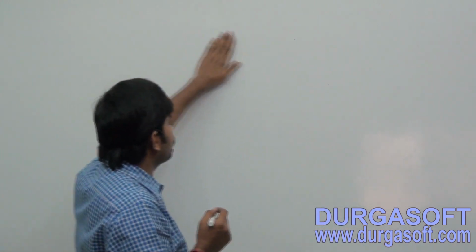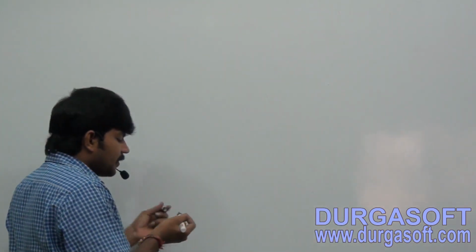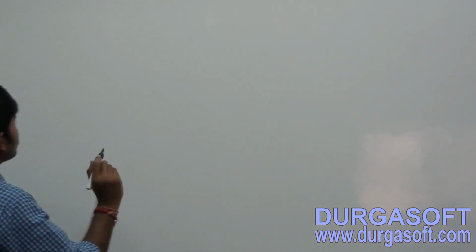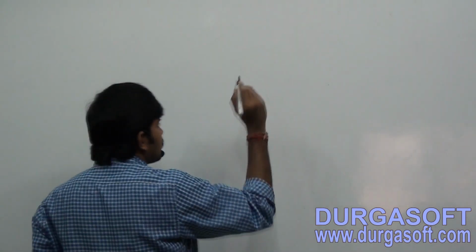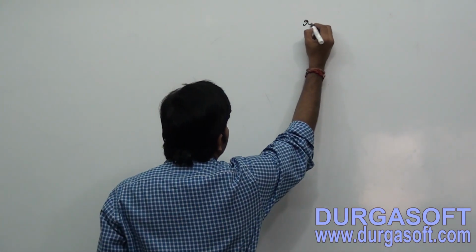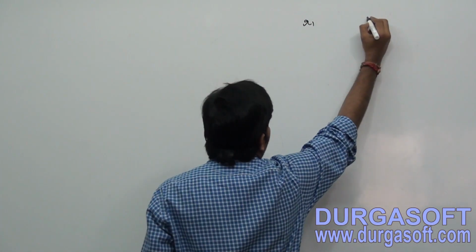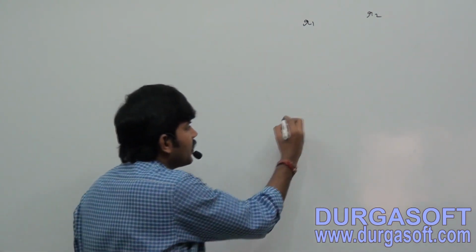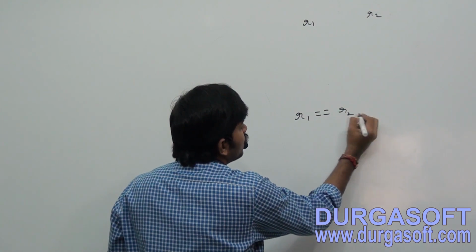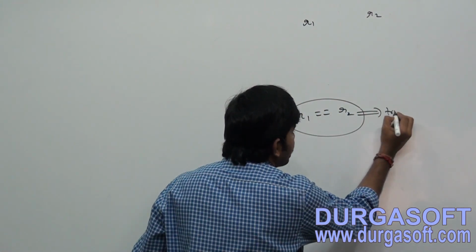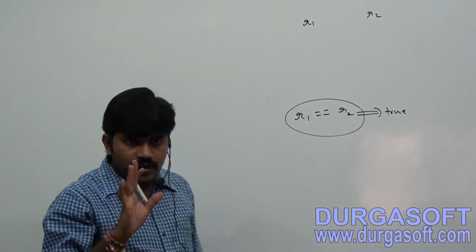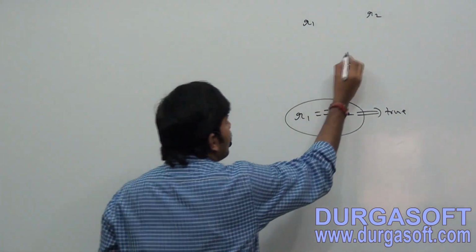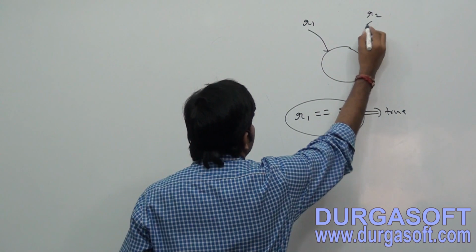If we apply equality operators for object types, what is the behavior? Make sure you have clear clarity here. Suppose two references are there: assume R1 is one object reference and R2 is another object reference. R1 double equal to R2 returns true if and only if both R1 and R2 point to the same object.